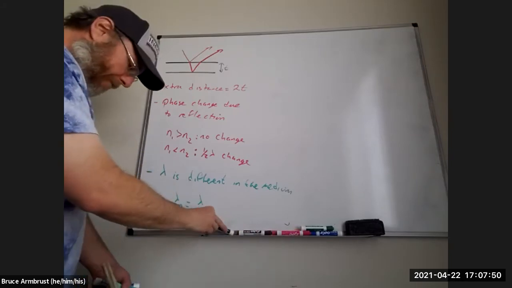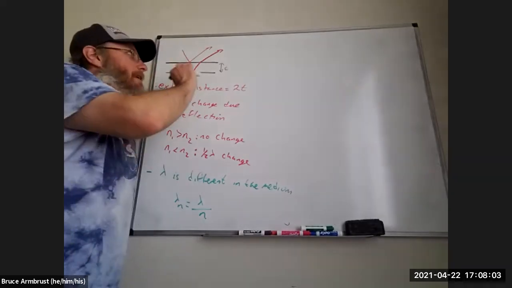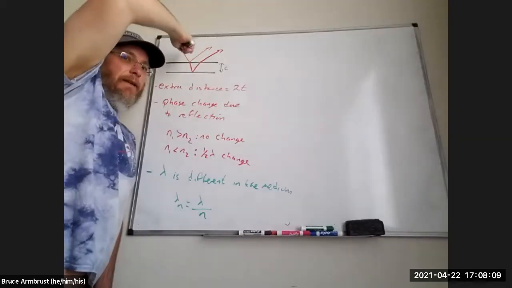All right, so here's an example. I have a quick question for you. Does lambda return back to its original state once it exits the medium? Absolutely. Let's say this was air to soap, a soap bubble. In air, its n is 1.